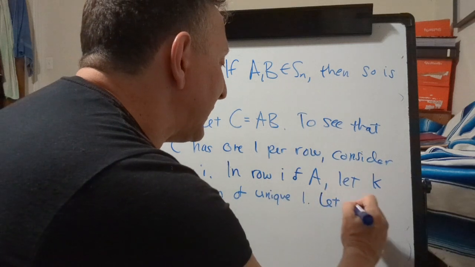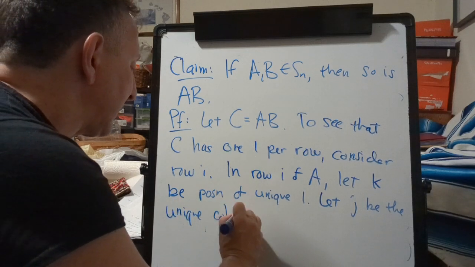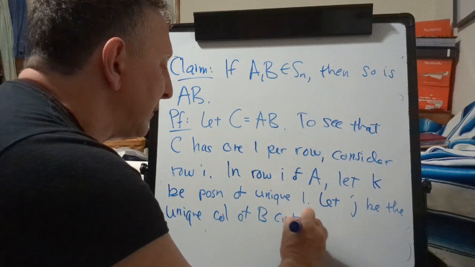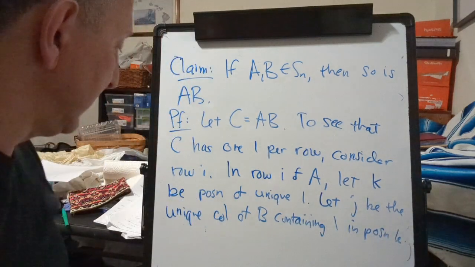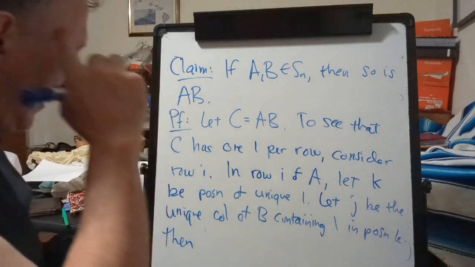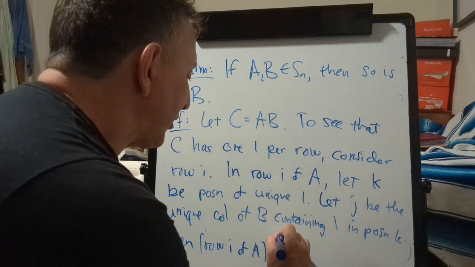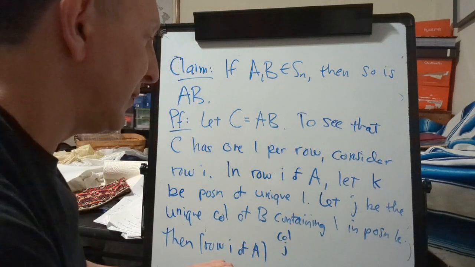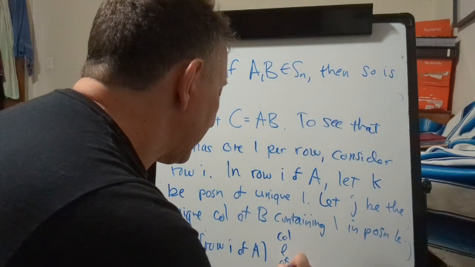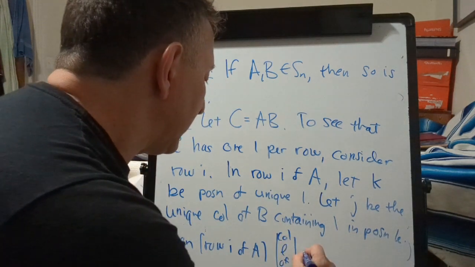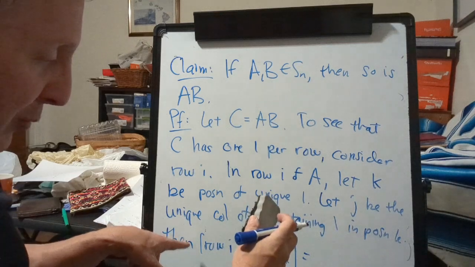So let J be the unique column of B containing 1 in position K. So then if we take row I of A and an arbitrary column, column L of B, that's going to be 1 if we're looking at column J, because the vectors are going to have 1s in position K both times.